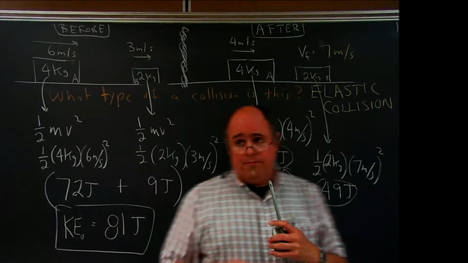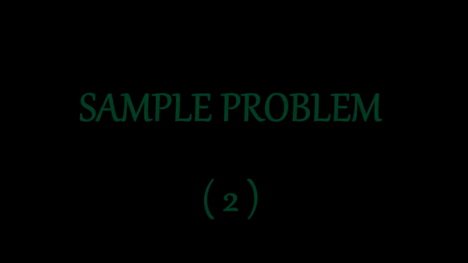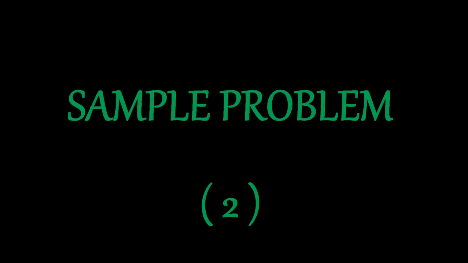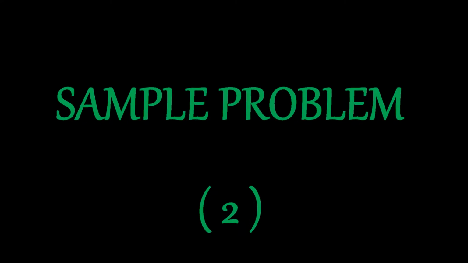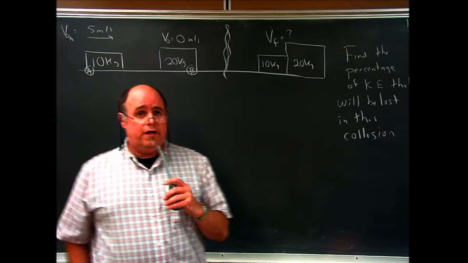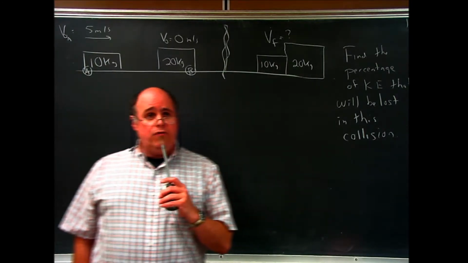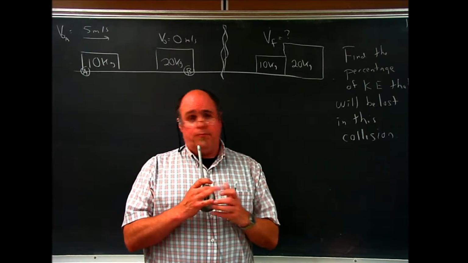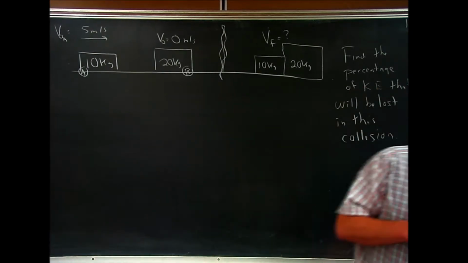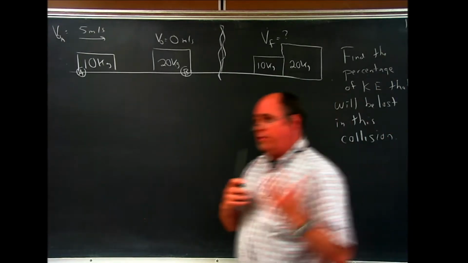Let's look at another one. Here I have another word problem. I didn't write it down, but it would be a paragraph, and I've already built the picture around it.